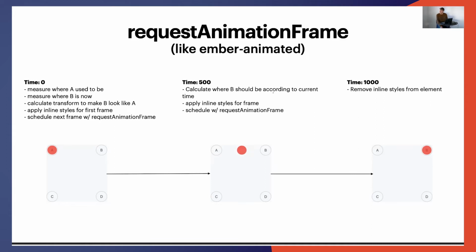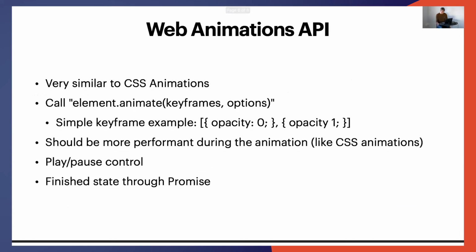But the browser now also supports something called the Web Animations API, which is very much like CSS animations, only it's controlled from JavaScript entirely. It provides an element.animate function, and you can pass keyframes to it and options.